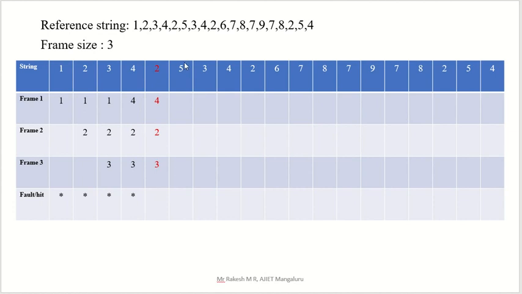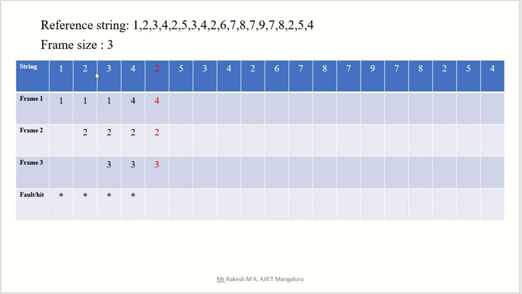Now which is the next one required? 5. The fifth one is required. Is that entry here? No, 5 is not there here, but I have to replace any one of the frames with 5. Which one to replace? For that purpose we have to see the previous row, 4, 2, 3.